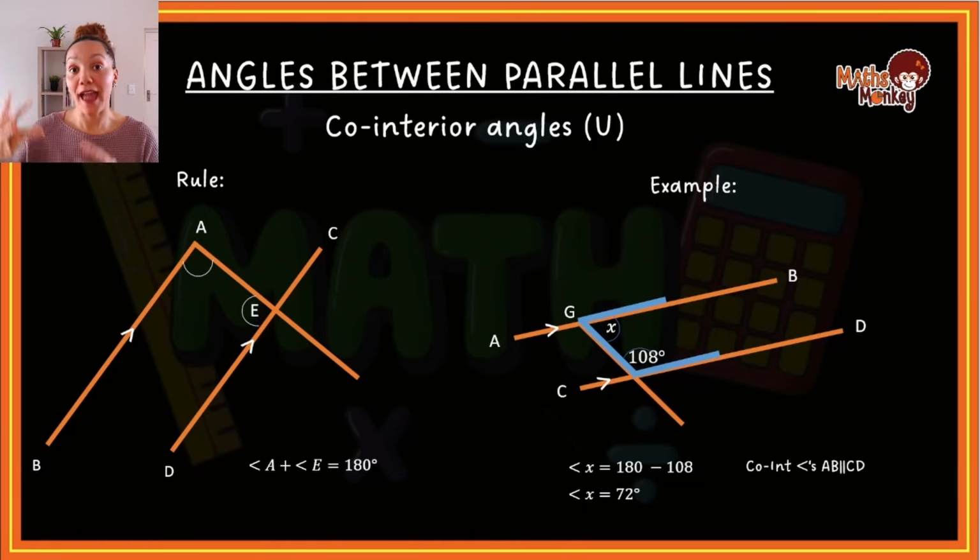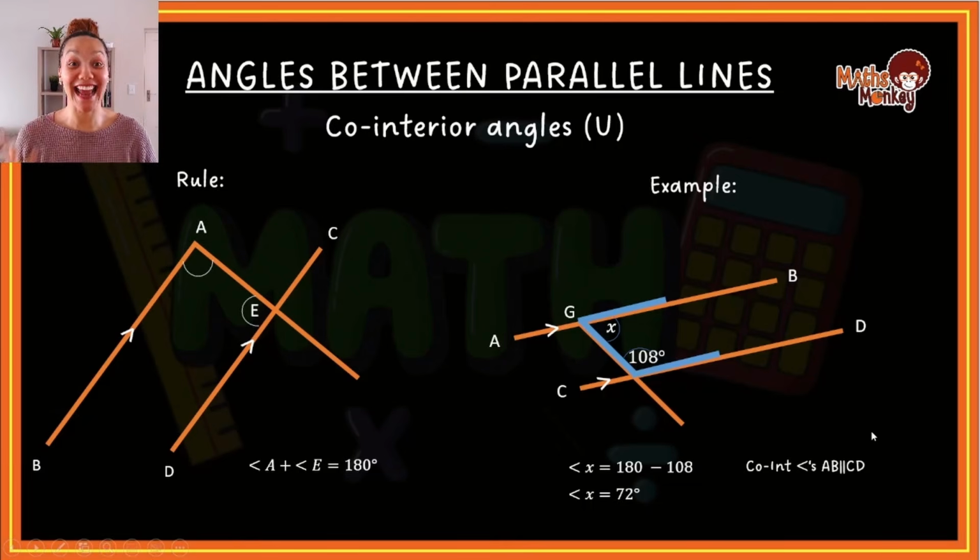With the F, the angles are also in the corner, but underneath. And with the U, both of the angles are inside. Alternate angles are equal to each other. Corresponding angles are equal to each other. And co-interior angles add up to 180. That is in essence the three important things that you need to know when it comes to parallel lines.